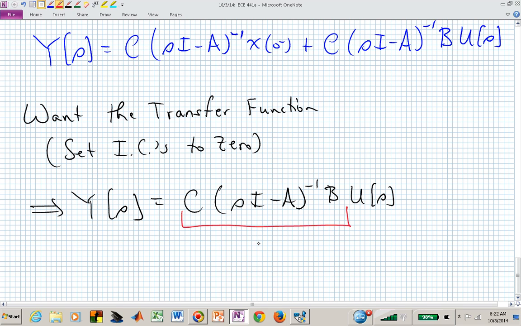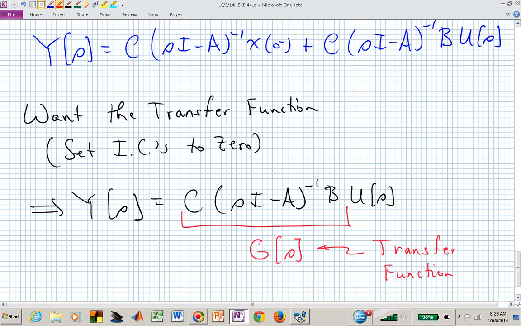Here is our transfer function of our system between the input u and the output y, g of s. Questions on that development? That's just sort of, we have that information.